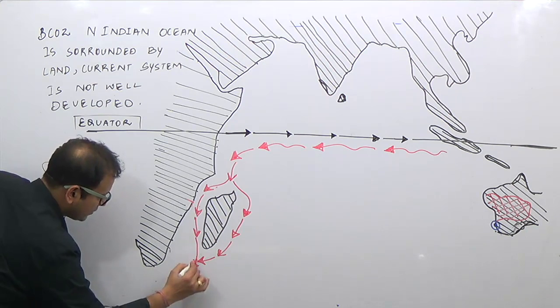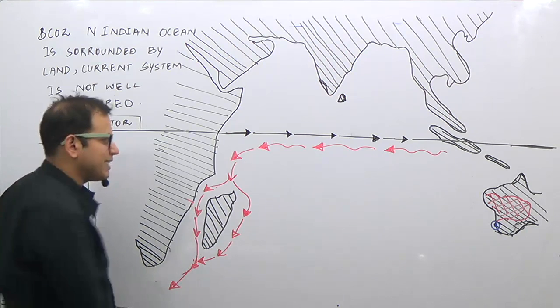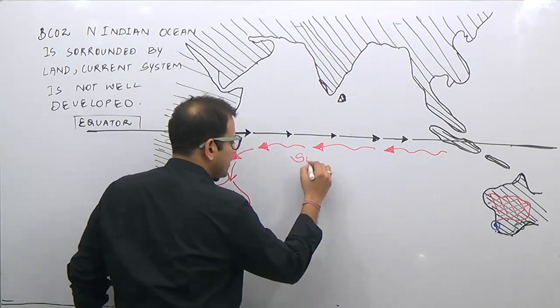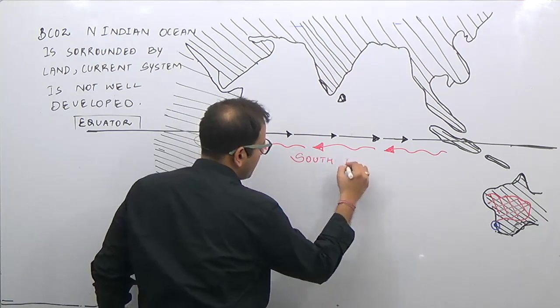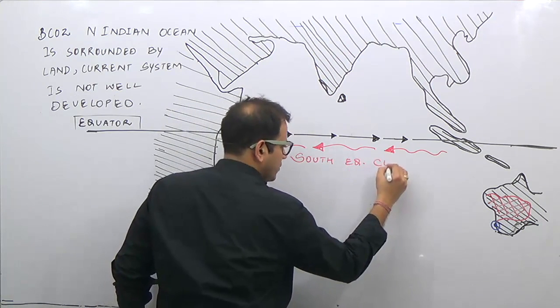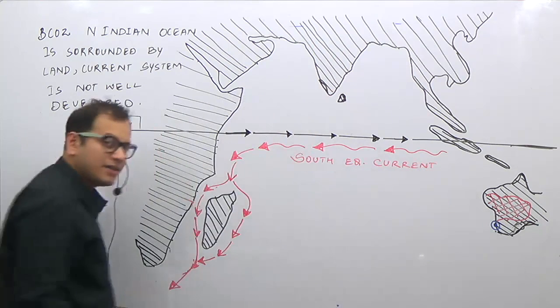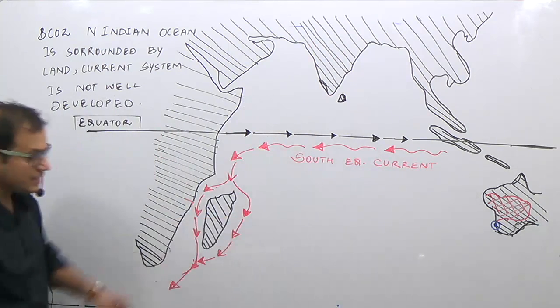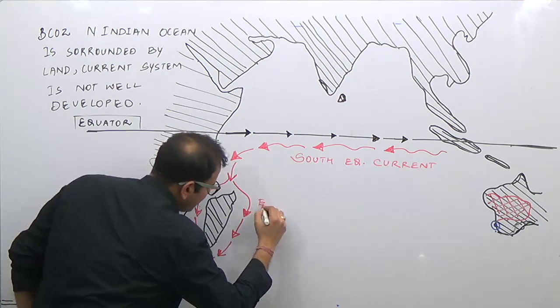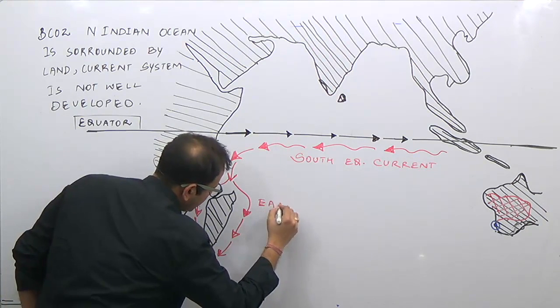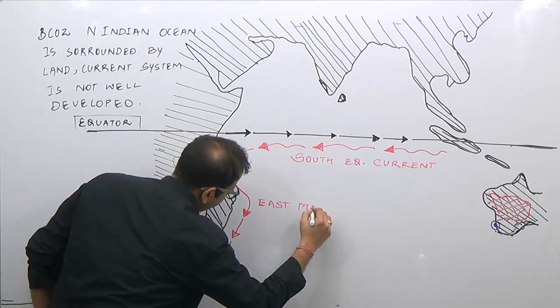So what are the names of these ocean currents? Obviously we know this is the south equatorial current. It is bifurcated into two. One is the East Madagascar current.